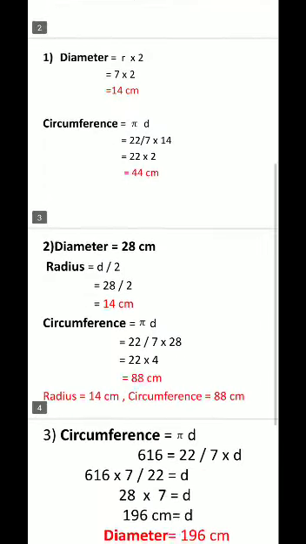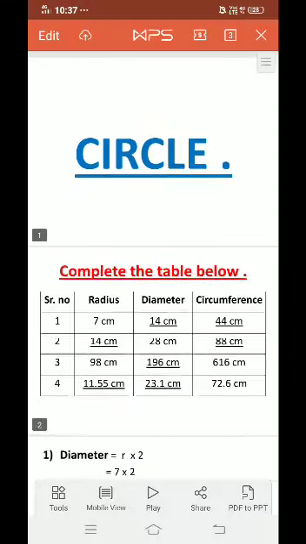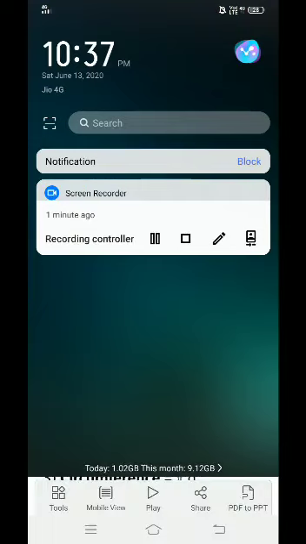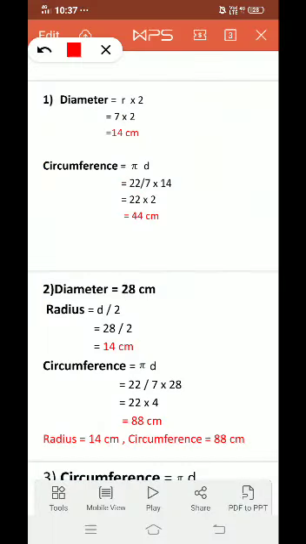Okay. Now see here. By using that diameter, you have to find out the circumference. By using radius also you can find out the circumference. Pi into d. This is the formula for circumference, and the value of pi is 22 upon 7 multiplied by 14, because diameter is 14.